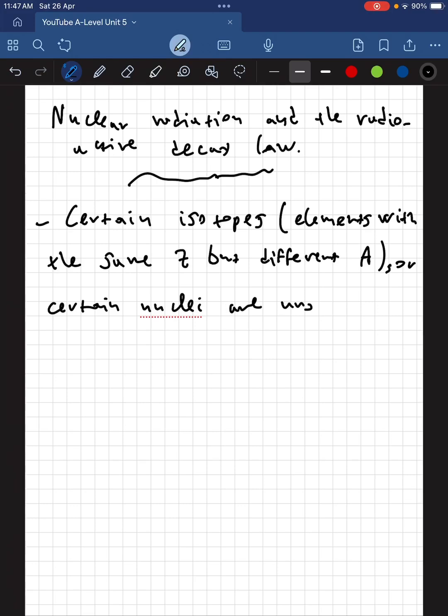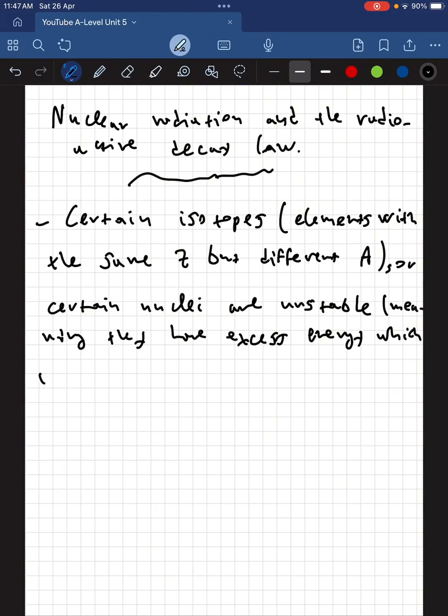We already mentioned that. Meaning they have excess energy which is released in the form of radiation. That was a mouthful, sorry guys.